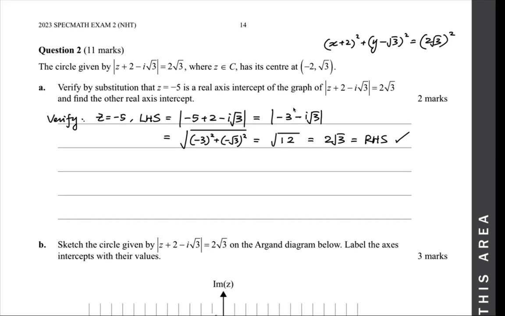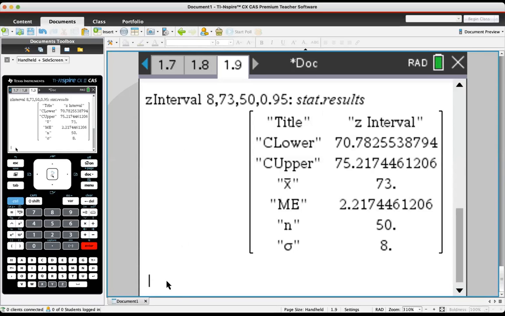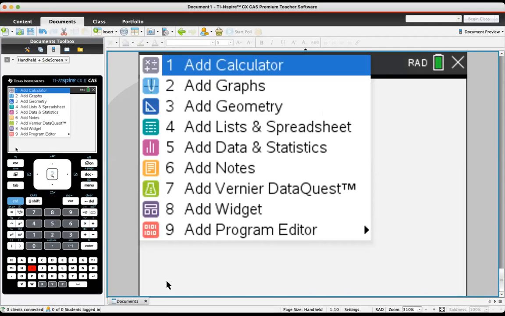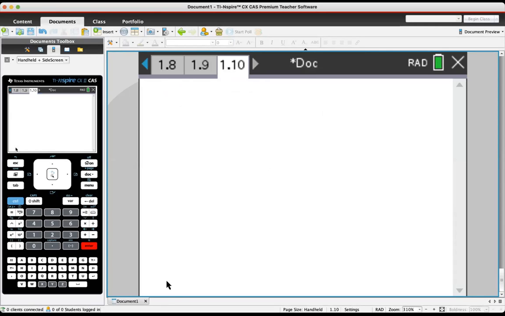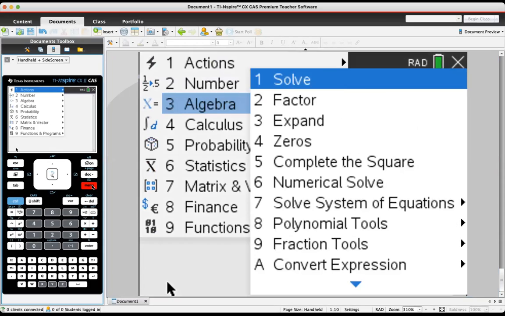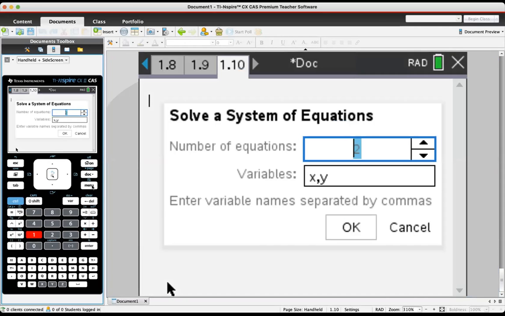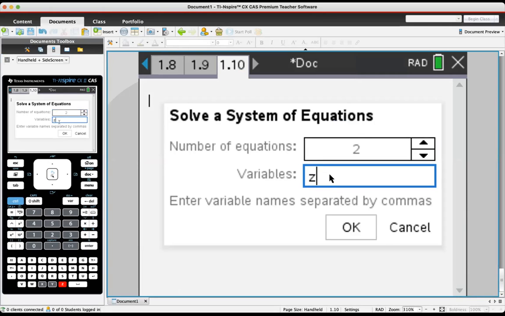But your CAS calculator, especially the TI-Nspire, is very powerful. What I want to show you is press Control I, add a calculator. Now, you could actually go for menu 3 7 1 first, and then just change the variable to z, okay?